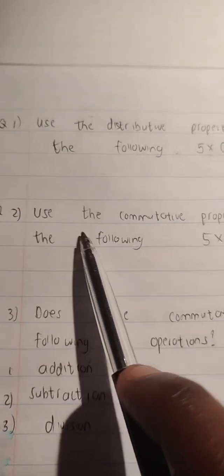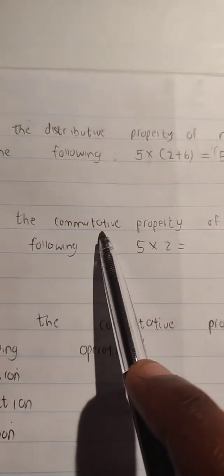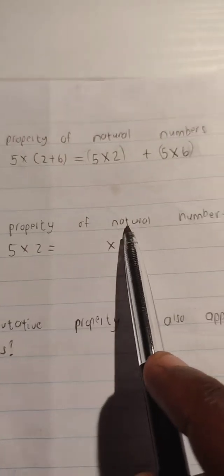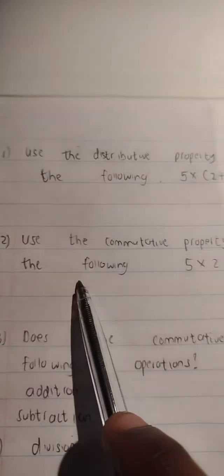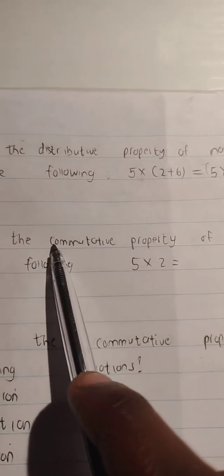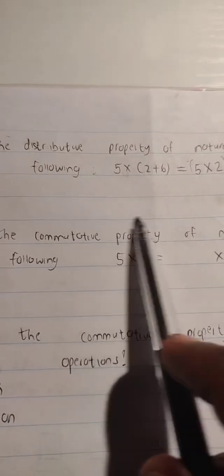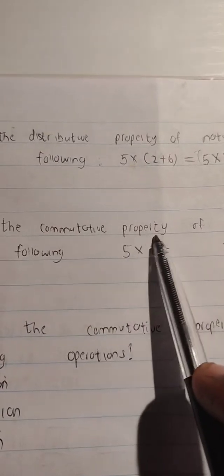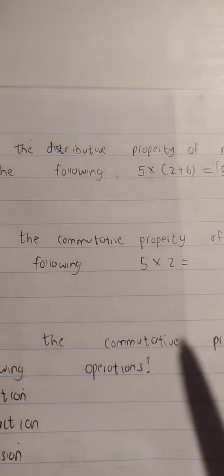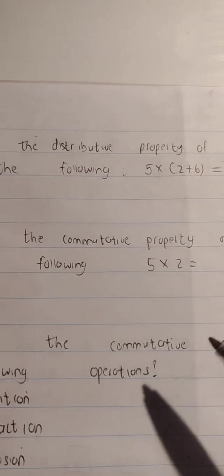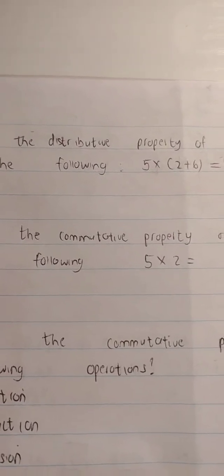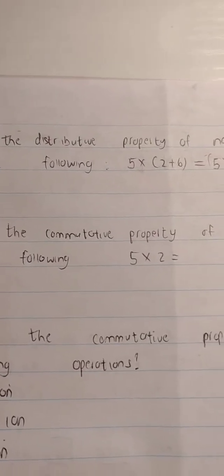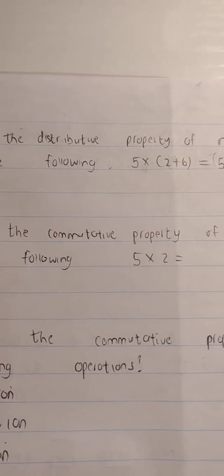Let's continue. Use the commutative property of natural numbers to complete the following. So we have what we call the commutative property. The commutative property speaks to the fact that it doesn't matter the order in which you place numbers in multiplication and addition, because you get the same answer.